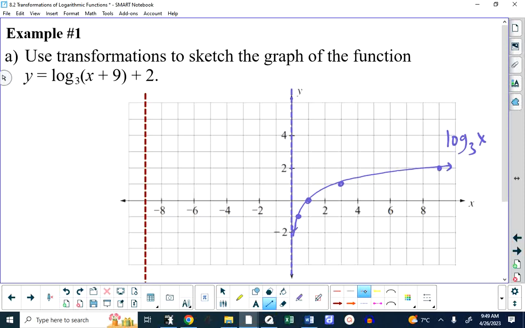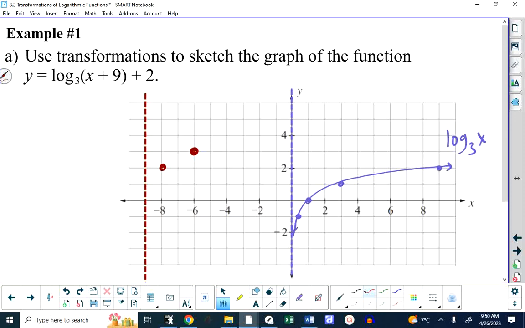So this point right here is going to be moved 9 to the left, which will put it here, and 2 up. This point right here is going to be shifted 1, 2, 3, 4, 5, 6, 7, 8, 9 to the left, and 2 up. And we've talked about this before with exponential functions.